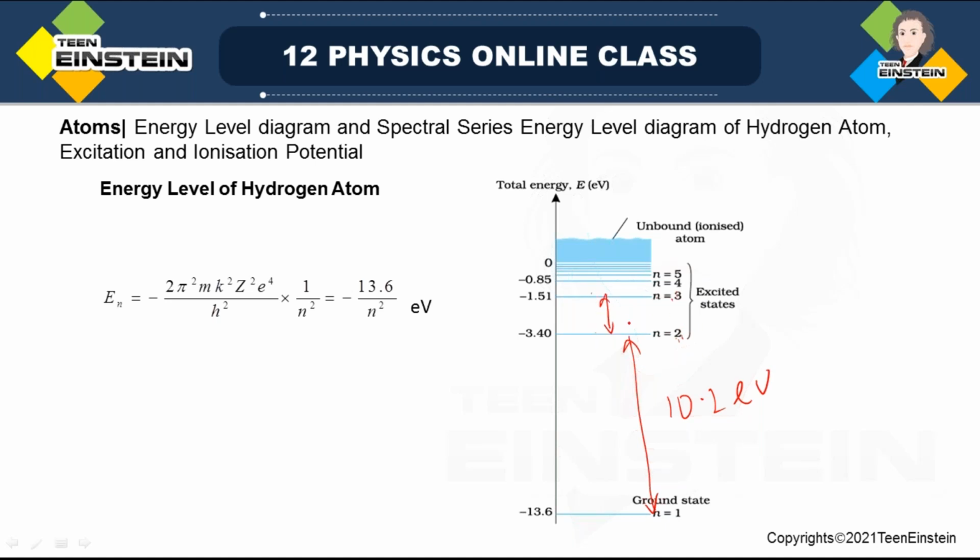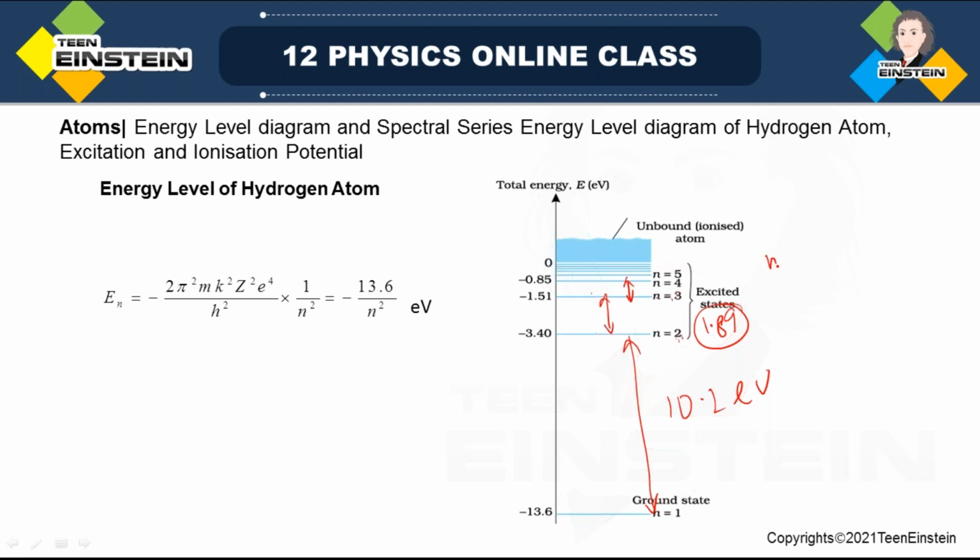It will be 9, and then 6 to 8, and then 2, so 1.89 or 1.8, something like that. So gradually you can see the energy difference between the successive levels is decreasing slowly.